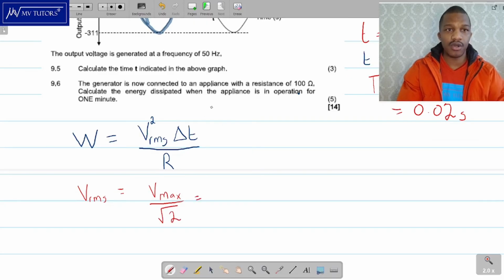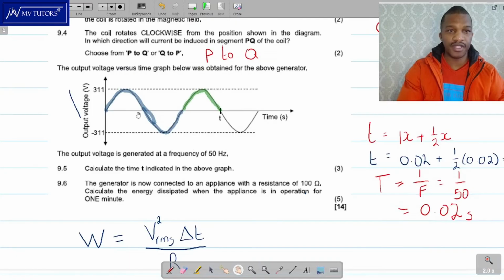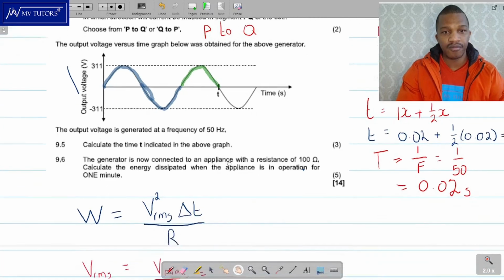Okay, so let's read our maximum V. We can see from this graph our maximum V is 311. This is voltage, that's V. You can see it there, it's written V.